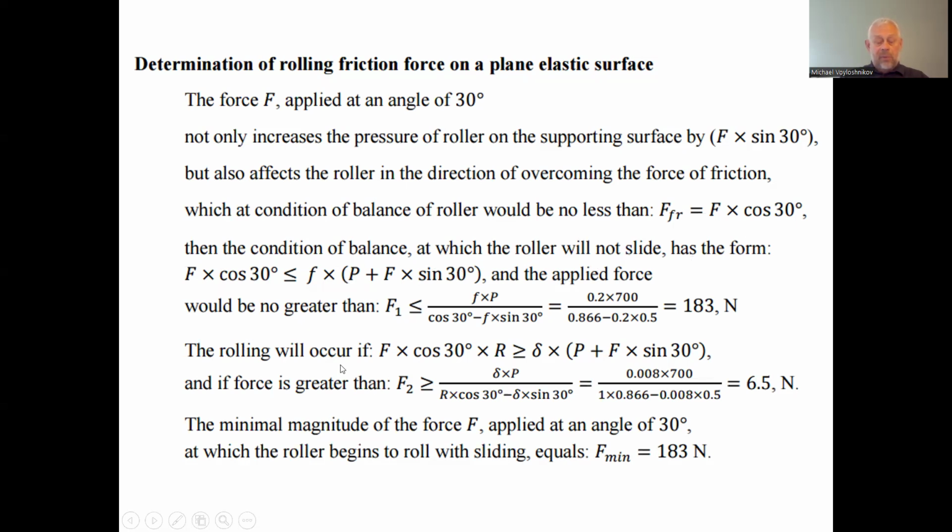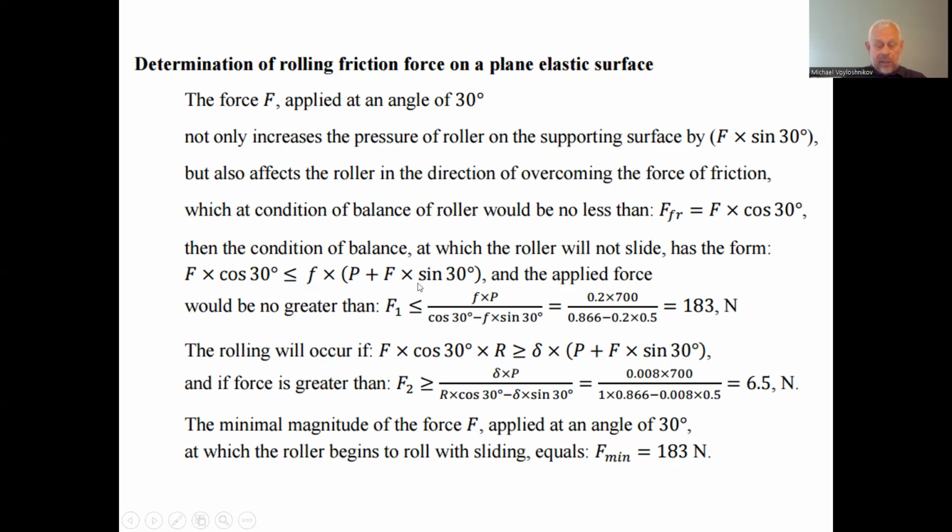The applied force would be no greater than this for the wheel to stay at rest, and this is the criterion that the friction coefficient multiplied by the normal force is used to find F, the external force.